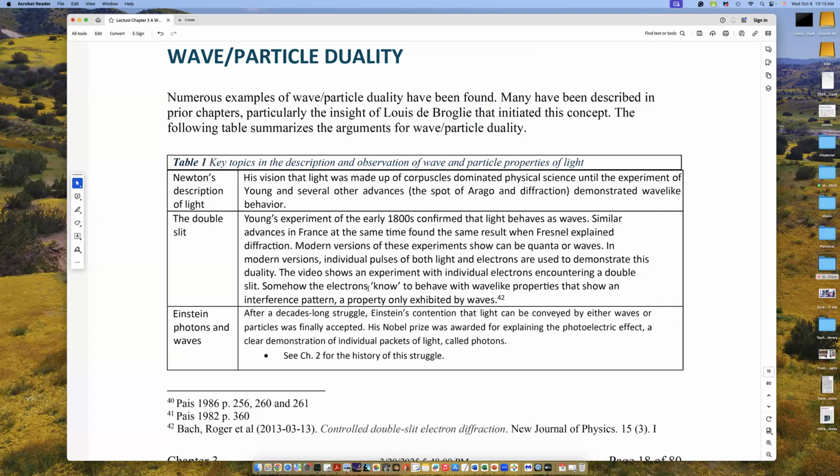He was isolated intellectually because he kept insisting that light could exist as particles of energy we now call photons. And it wasn't until some experiments were done in the late 1920s that it became obvious that light could behave as either waves or particles.